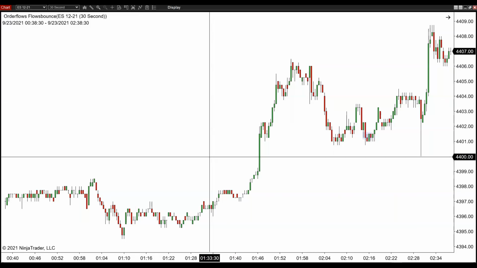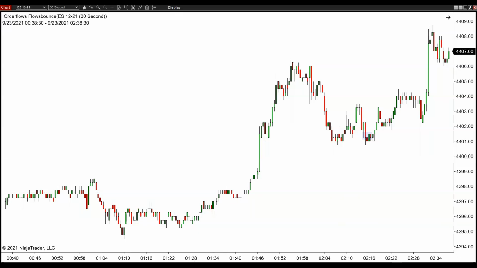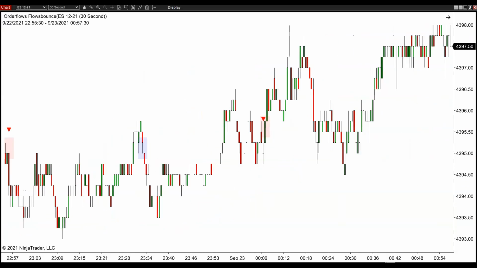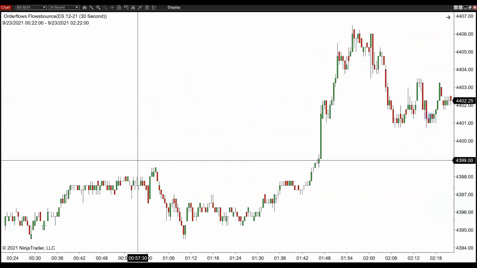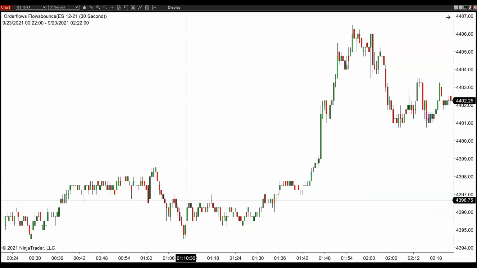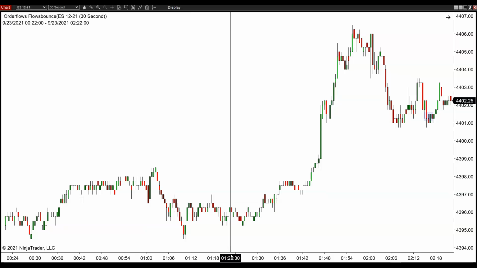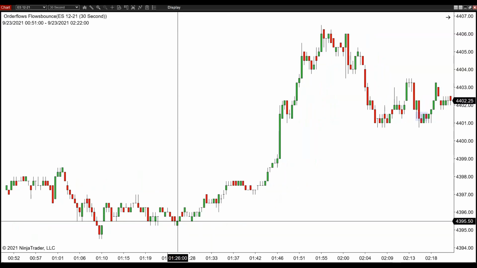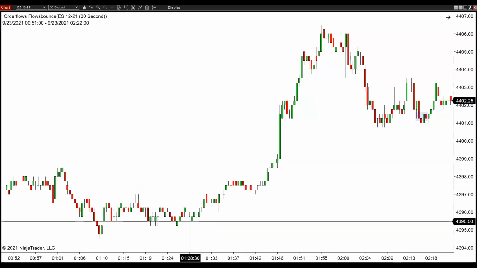All right, so this is the European Open today with the pure setting. There were no signals there until later, right? Now, one of the things you have to keep in mind with trading order flow is there's not enough going through these bars at this time.